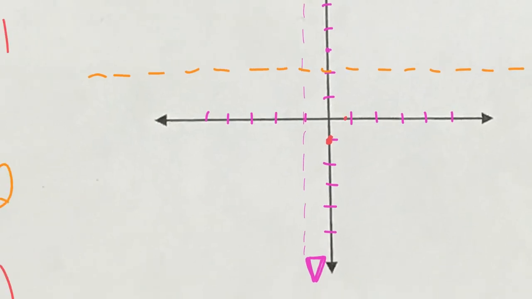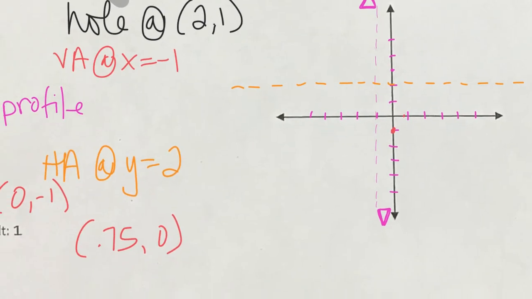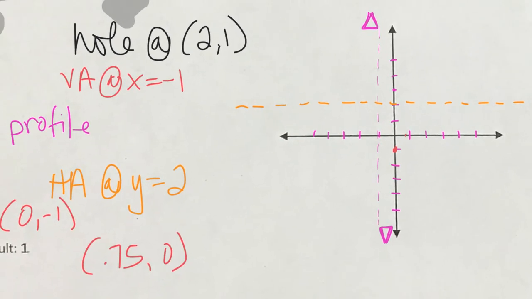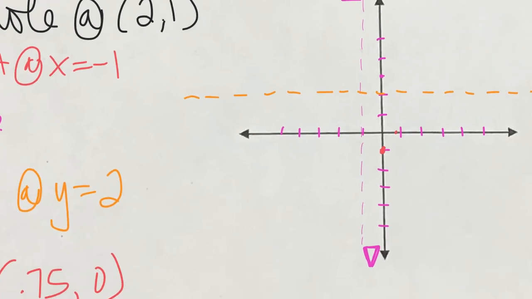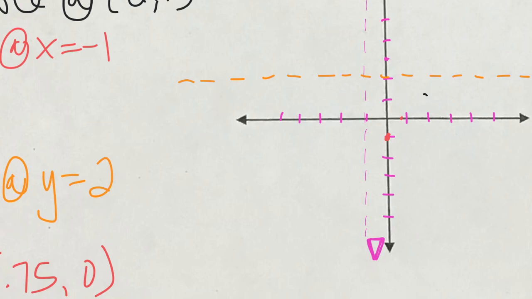I can pinch my screen and make it a little bit larger. You probably can't pinch your paper, but it'll be okay. Okay, then the last thing I have to put on here is my hole, so let's go back up here. 2 in the x and 1 in the y. So we'll just put a nice sized open discontinuity right there.